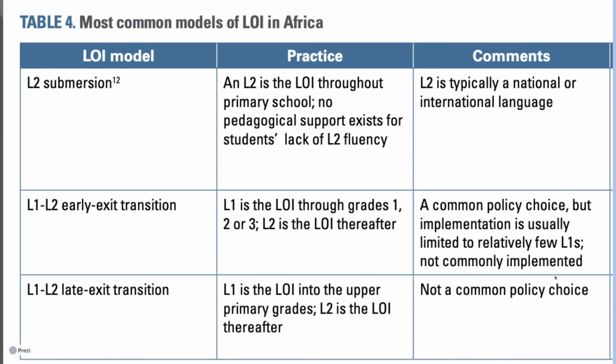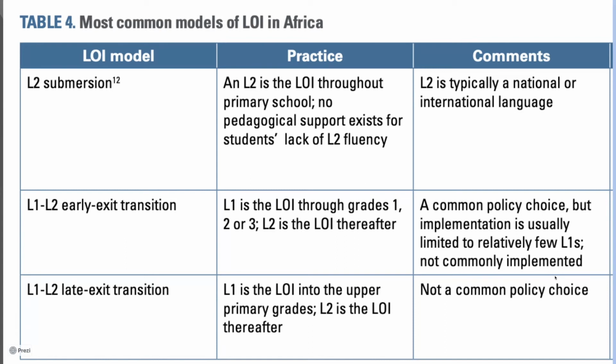Now, much less common, but also can be found, is the first language to second language early exit transition model. In this model, the first language is the language of instruction through grades 1, 2, or 3. And the second language is the language of instruction afterwards. Now, this is a common policy choice, although usually it's limited to relatively few first languages in a given country.